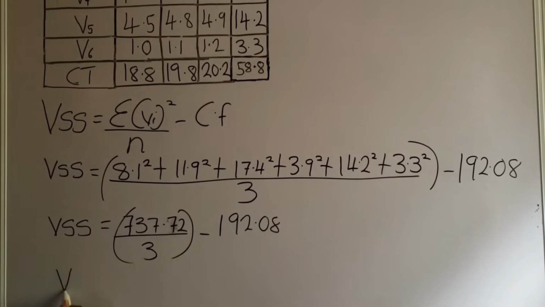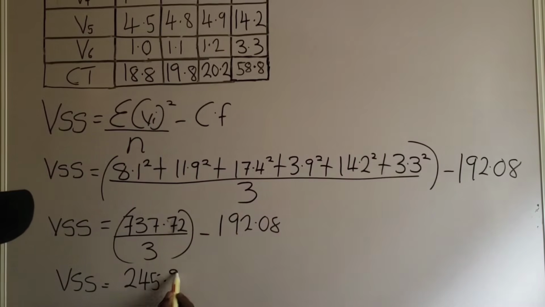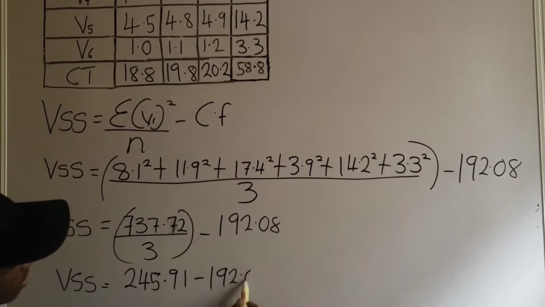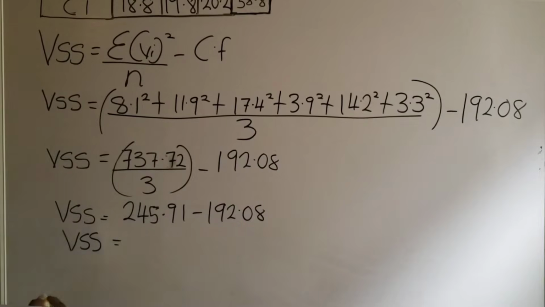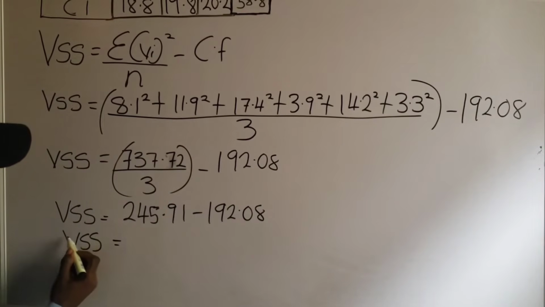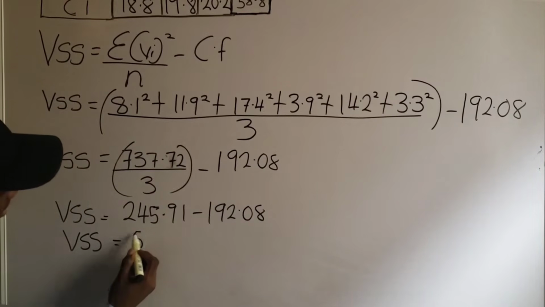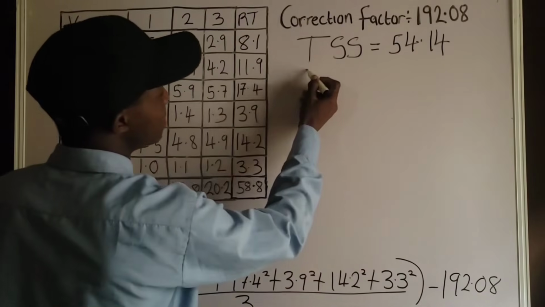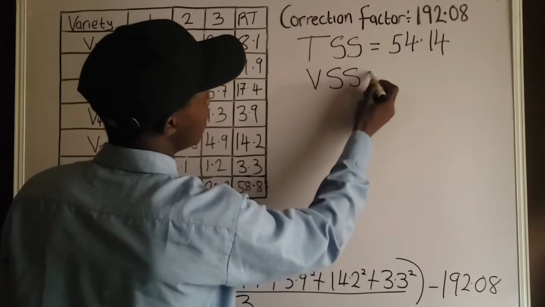So the variety sum of squared is equal to 245.91 minus 192.08. So the variety sum of squared is equal to 53.83.